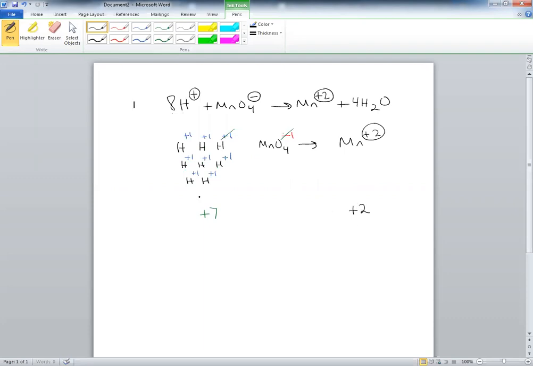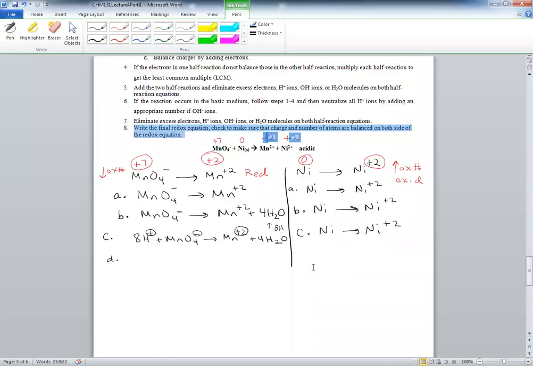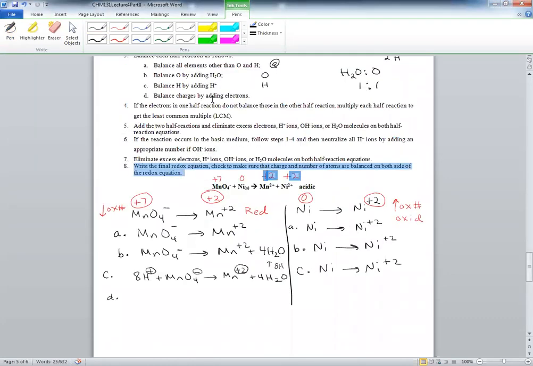What this one is telling you, this rule, let's go back to the rule really quick. It says balance charges by adding electrons. So we're going to give this the acronym C as part of the acronym. So it's by adding electrons. You're neutralizing, or balancing it, by adding negative charges rather than positives. I know you're used to positives because it's intuitive, but we're doing negatives.